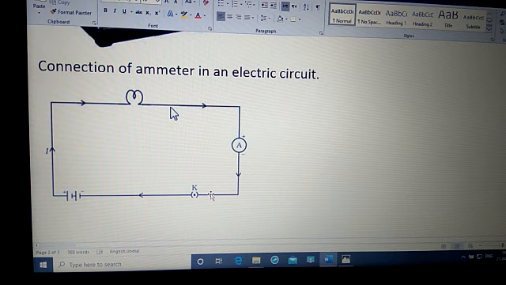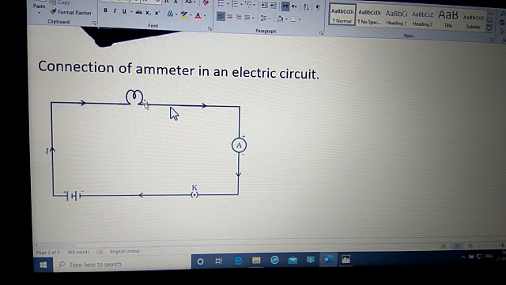What do you mean by series connection? There are two types of connection, series connection and parallel connection. I will explain what parallel connection is a little later while connecting the voltmeter. Series connection means we connect one end of one component to one end of the next component.